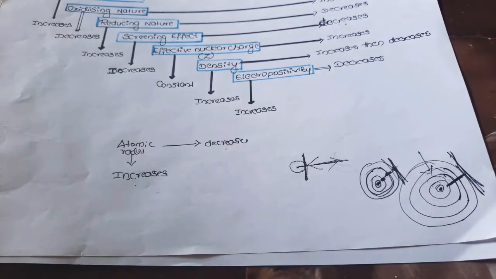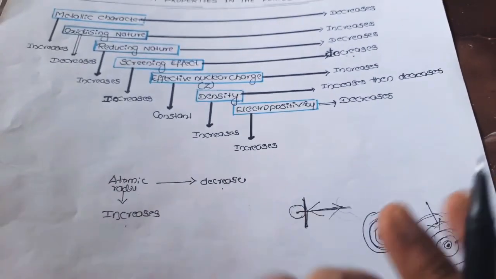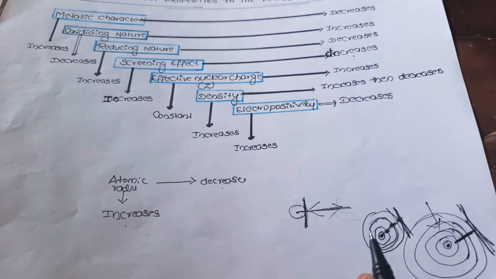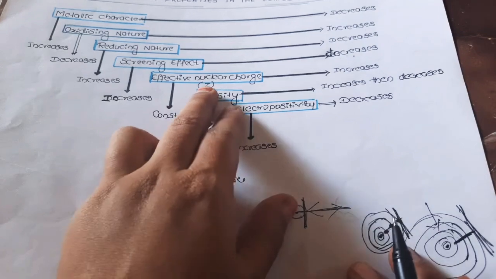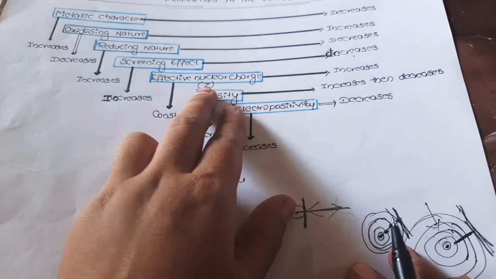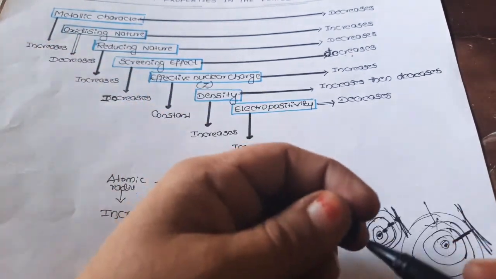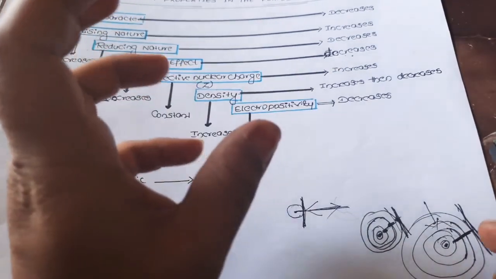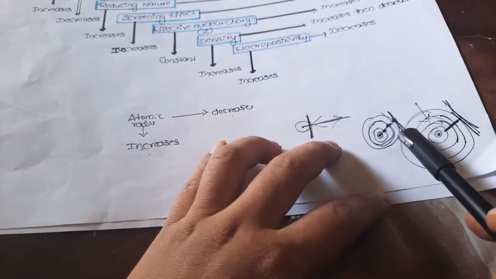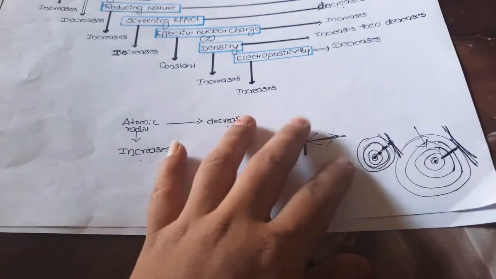Now the next property is effective nuclear charge. What do you mean by effective nuclear charge? We call it Z effective as well. Effective nuclear charge is nothing but the attraction between the center of the nucleus and the outermost electron.